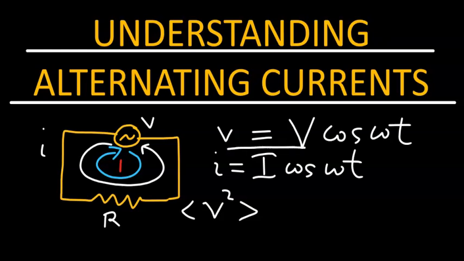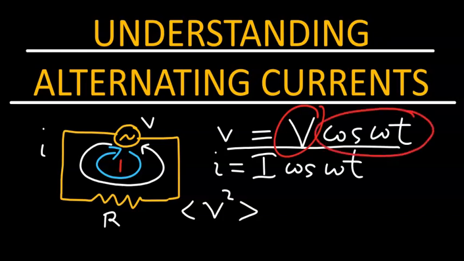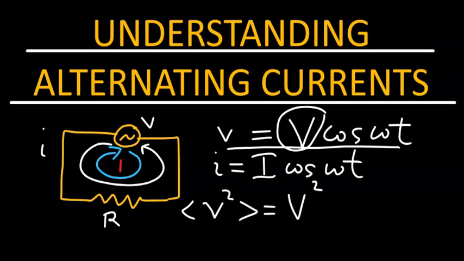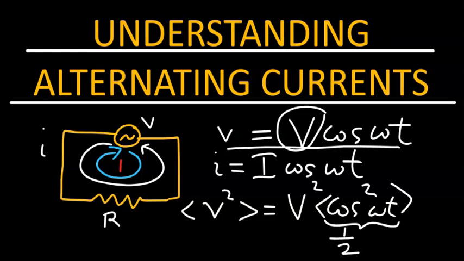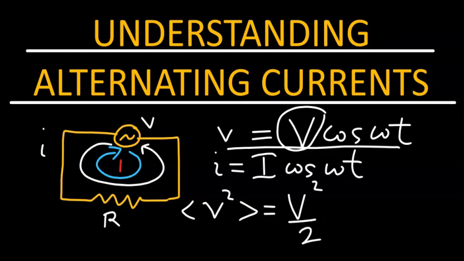The right-hand side of this expression consists of a constant, the amplitude of the voltage, and a function of time. So the average value of the square of the amplitude is quite simply V squared. The average value of the square of cosine can be determined from calculus, and it can be shown that this is indeed half, and you get that.